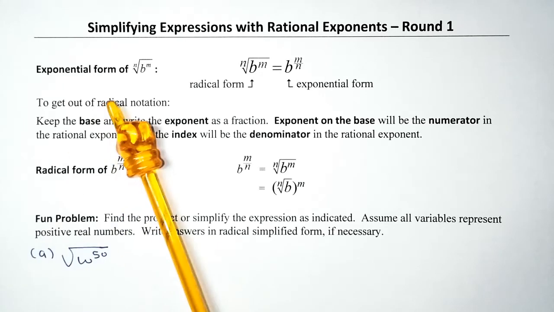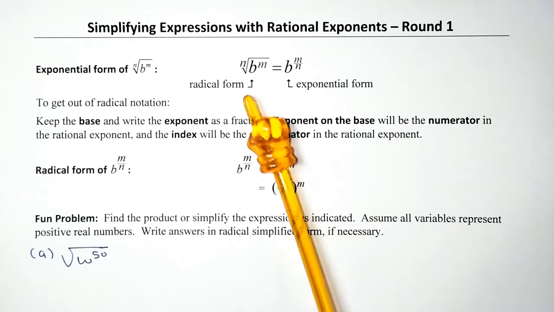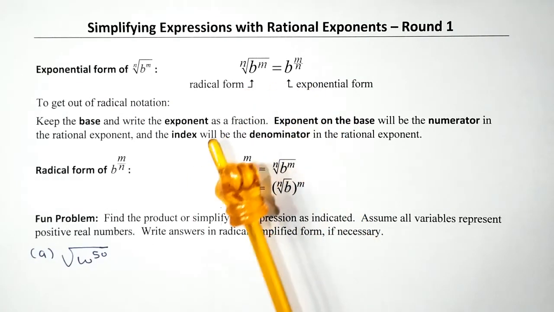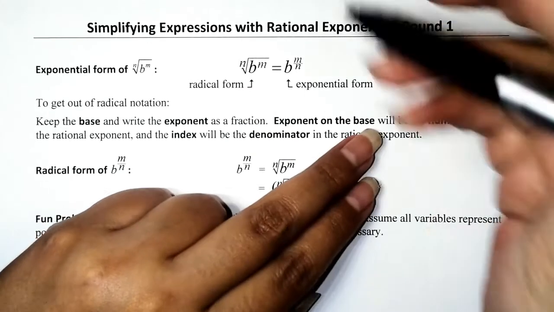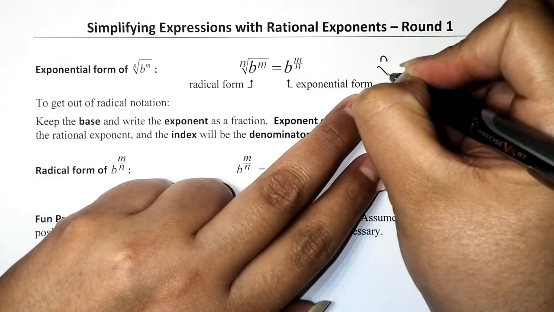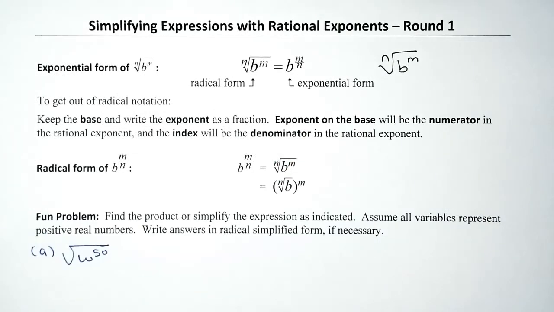So it says exponential form of this bad boy. Okay, so the question is, how can I write it without the radical, or how can I get out of the radical? You can read it, but I'm going to go ahead and write it right here with you. We have nth root of b to the m. How can I write it without the radical? So this is how it's going to go down.